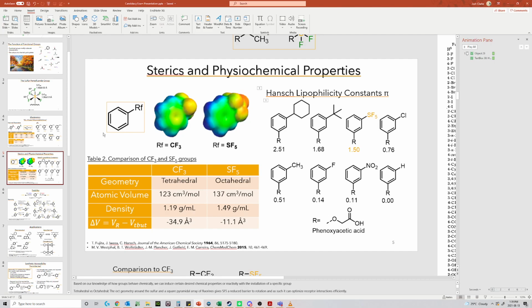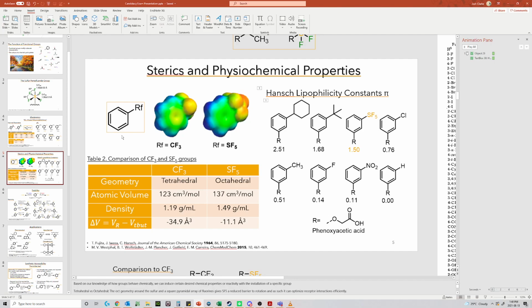Maybe there are also some interactions like hydrogen bonds, or fluorine bonds. I've seen some papers about halogen bonds. So I guess because you have 5 fluorines here, that can actually contribute as well. Right. Okay.